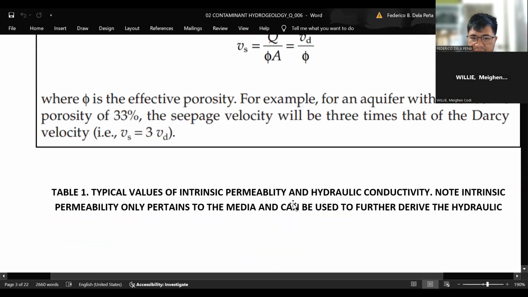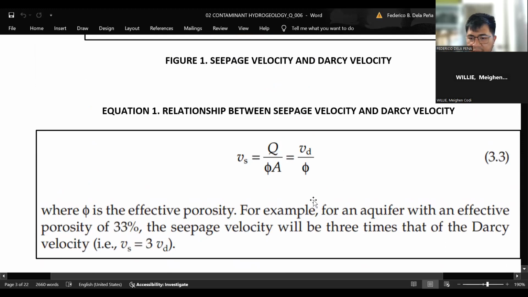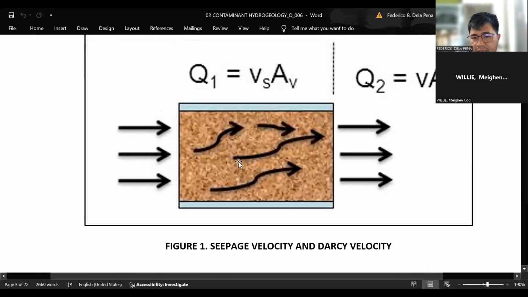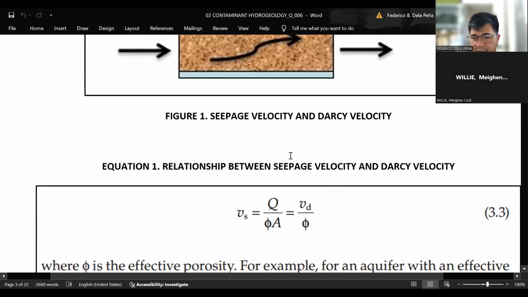The relationship here is that the lower the porosity, the tighter the spaces are for the groundwater flow paths to go around. So the tighter the space, the faster they have to go in order to cause some net movement.